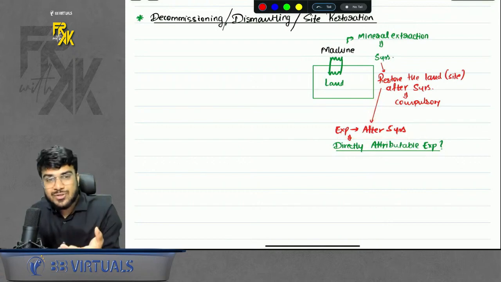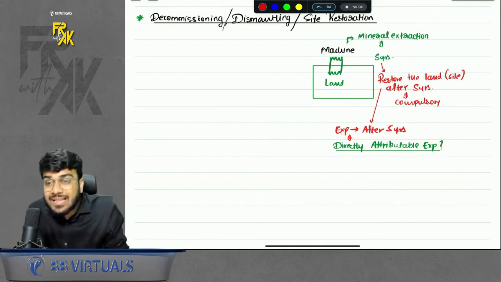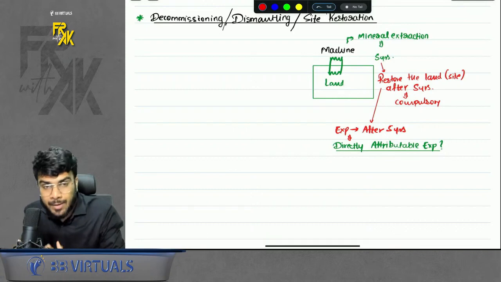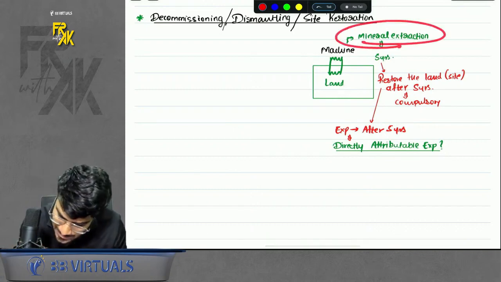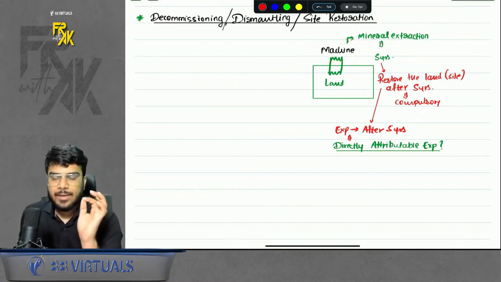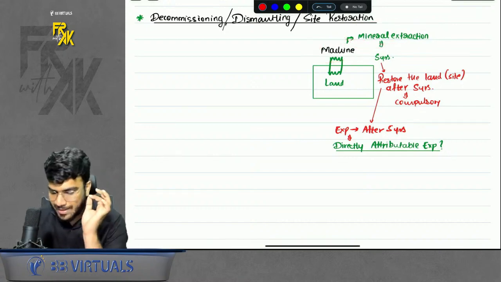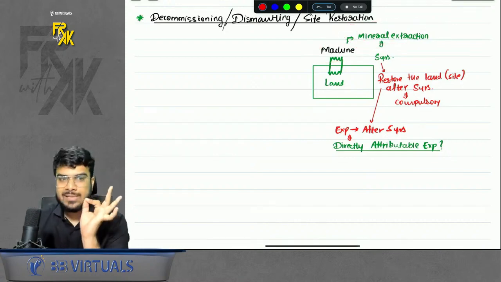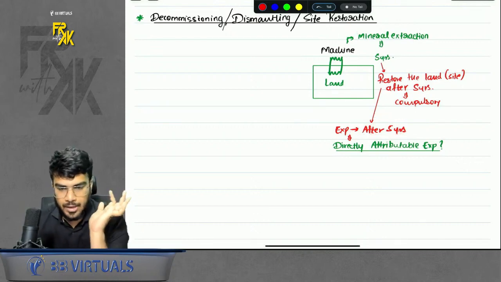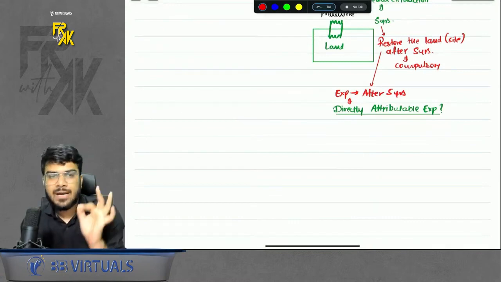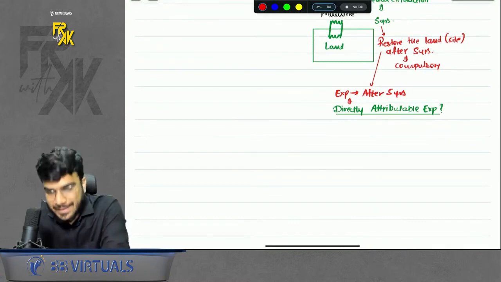That means on the face of it, you might feel that it is not a directly attributable expense, where indeed it is. Why? Because the usage of the asset is only mineral extraction, and to use this asset, you have to promise to incur this expense after 5 years. So ideally, this becomes a directly attributable expense.